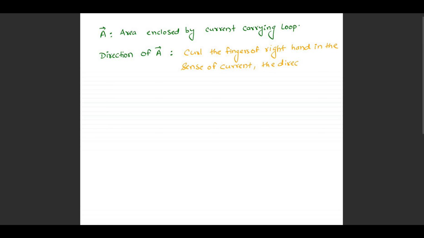The direction of thumb gives us the direction of area vector.